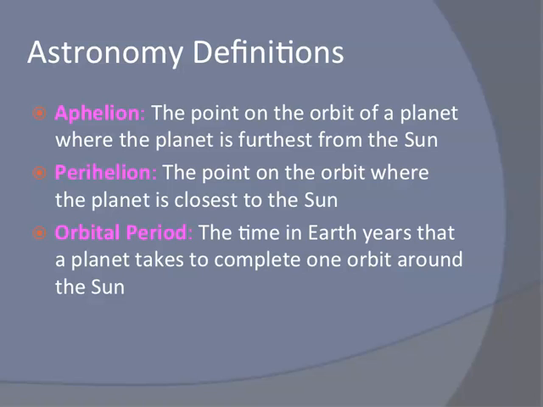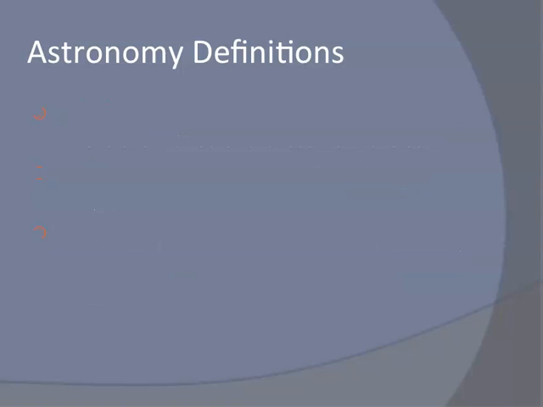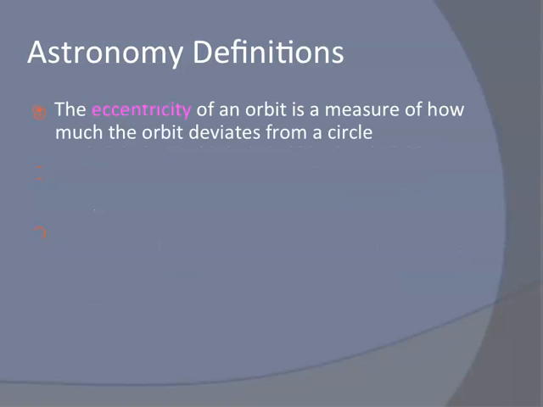And then the last definition that we'll talk about is what's called eccentricity. So when we talk about eccentricity, we're talking about a measure of how much the orbit deviates from a circle.